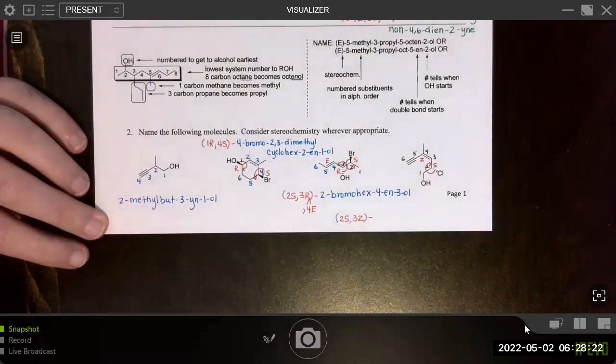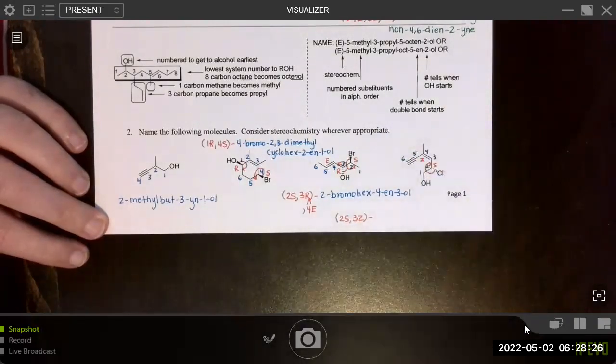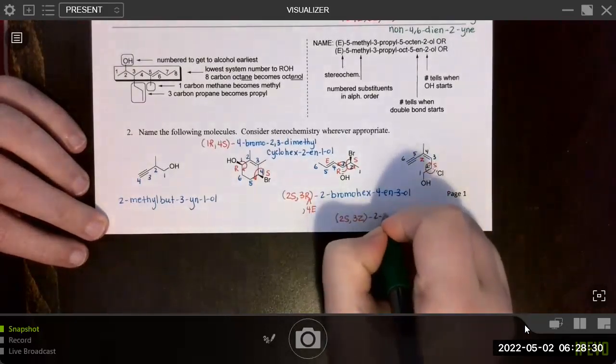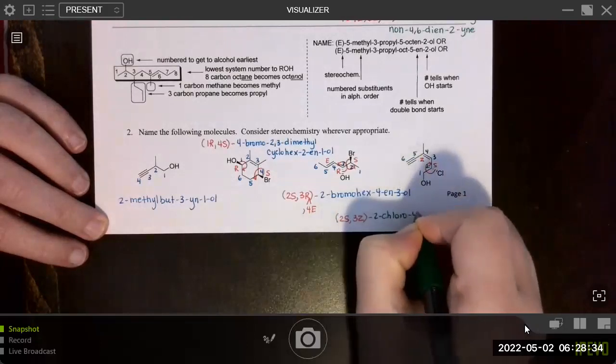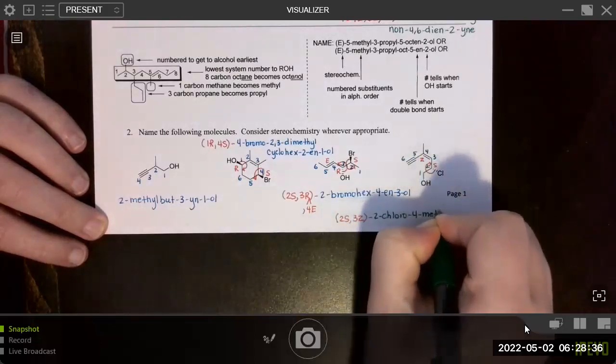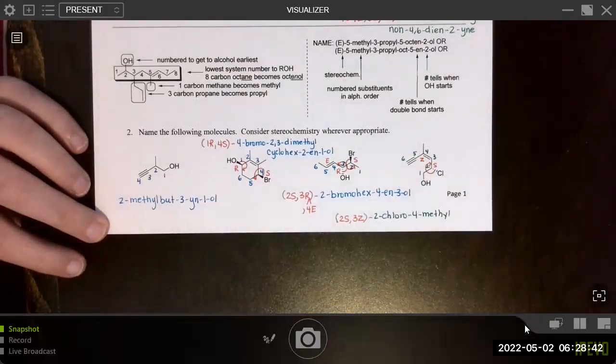So substituents, we have a methyl and a chloro. C comes before M alphabetically. We'll do 2-chloro, 4-methyl. Now this is going to be fun. It's a hexenynol, right?